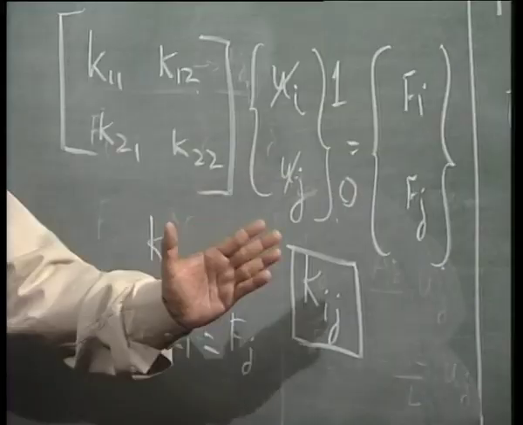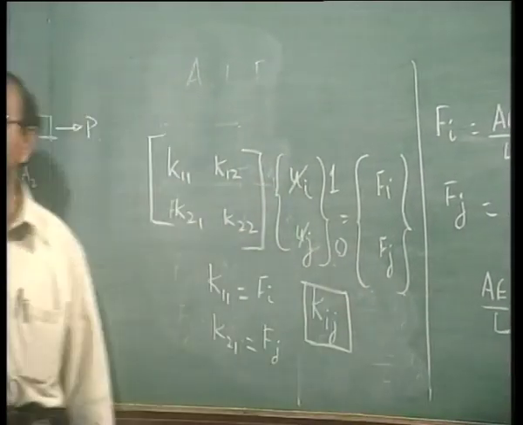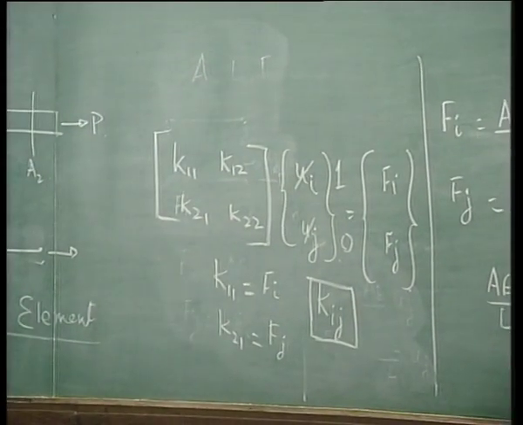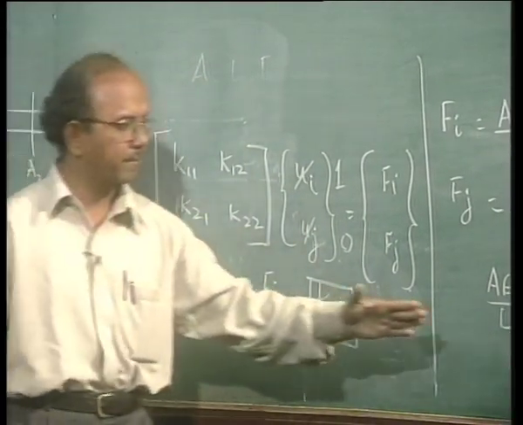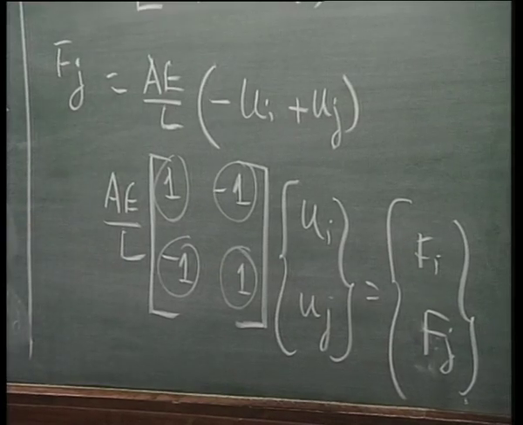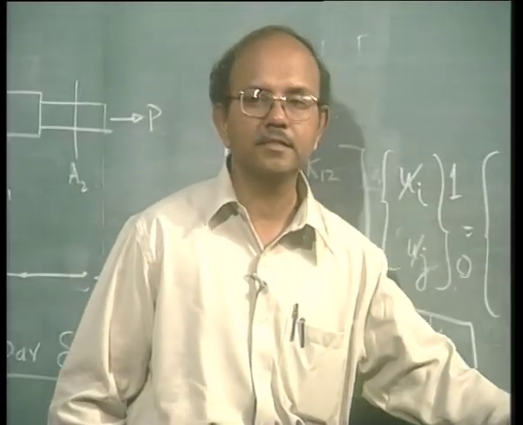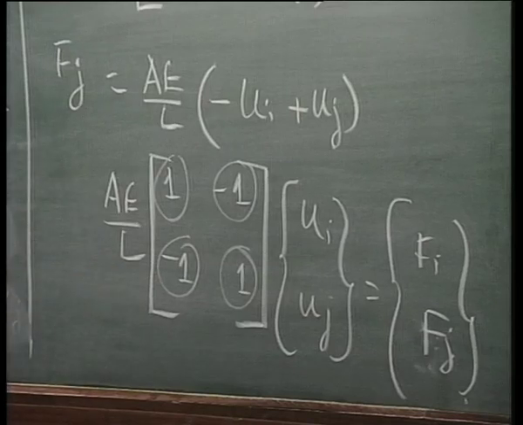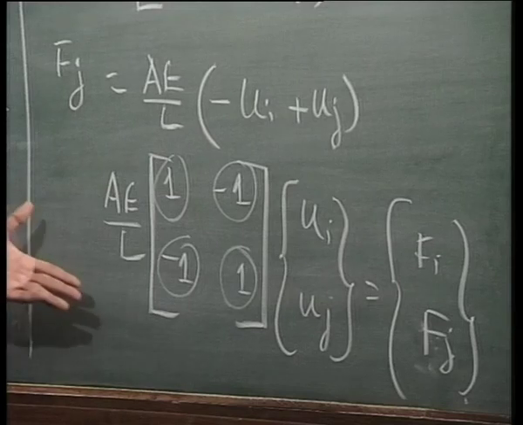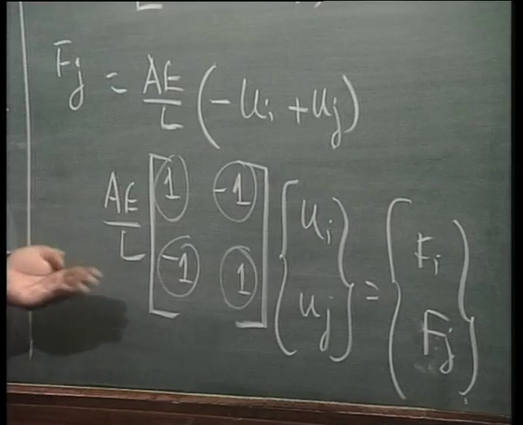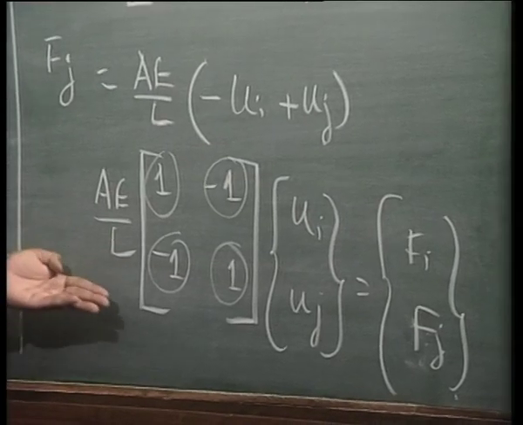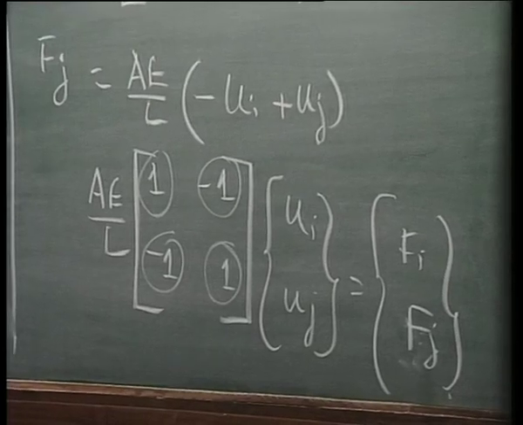Now, let us look at this matrix closely. What are the other things that you see in this matrix? Symmetric, very good. So this matrix is a symmetric matrix. It is not necessary that every matrix that we are going to come across is symmetric, but this particular matrix, because we are just dealing with a linear elastic problem, happens to be symmetric.